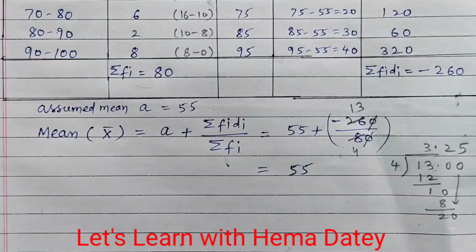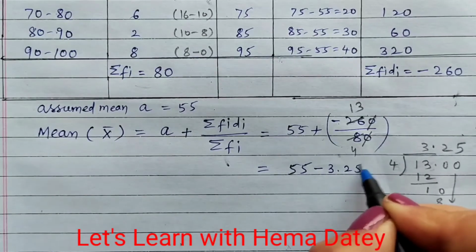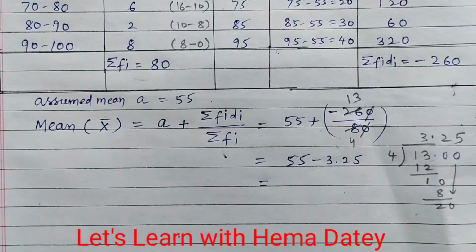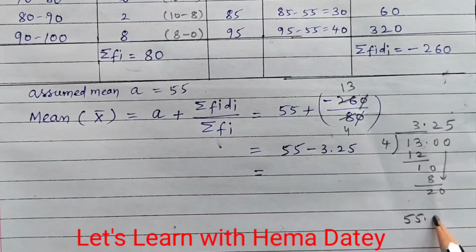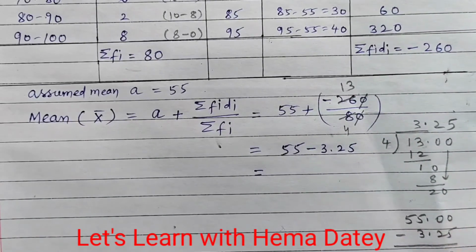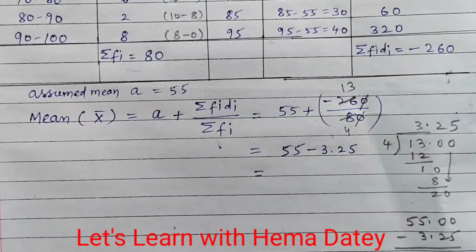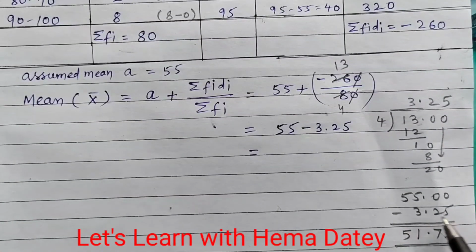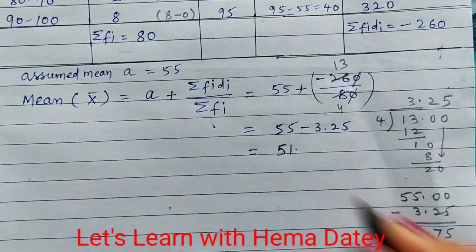So here we get negative 3.25. And when we subtract 3.25 from 55, we get 51.75, and this is the mean, 51.75.